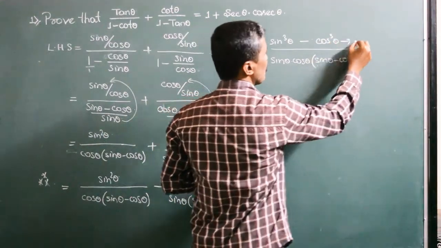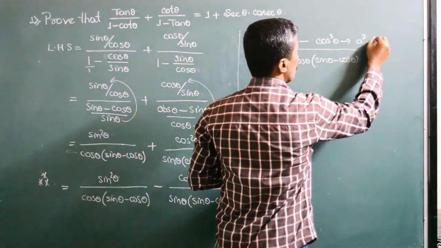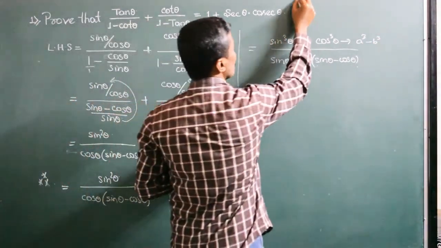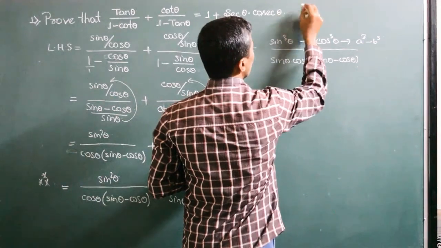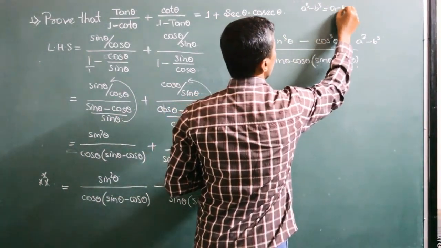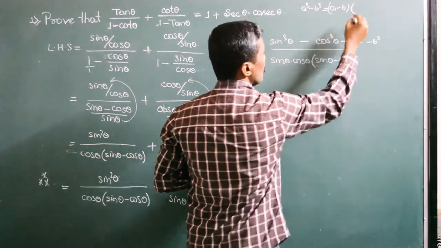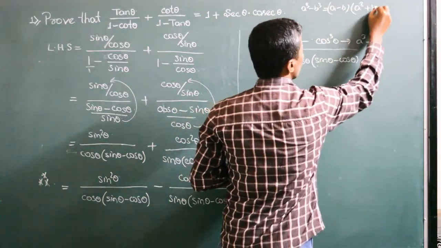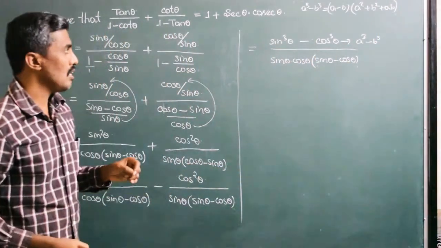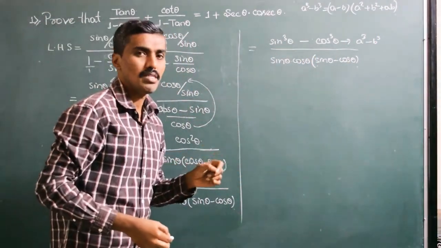So now it is of the form a cube minus b cube. What is a cube minus b cube? A cube minus b cube is equal to a minus b into a square plus b square plus ab. So a is sin theta, b is cos theta.